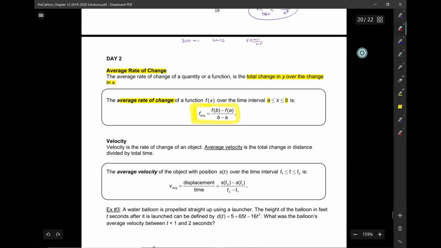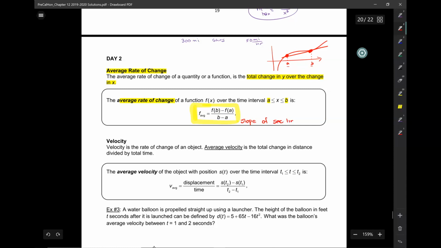So if I have a curve, and suppose this is a and this is b, the average rate of change is f of b minus f of a over b minus a. So basically what I'm doing is finding the slope of that line. Remember, this is the slope of the secant line.